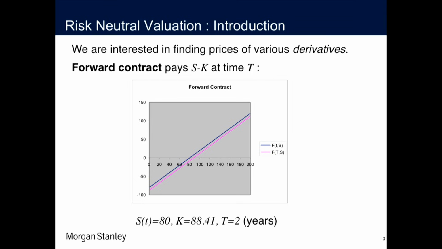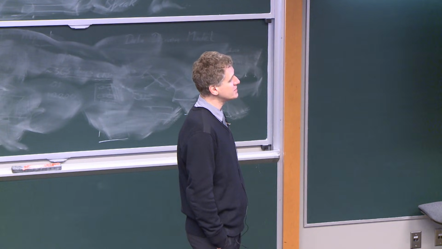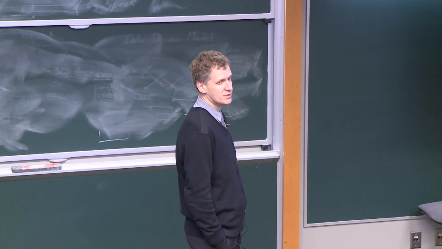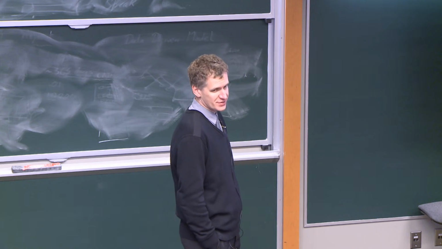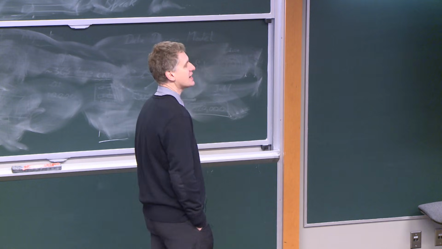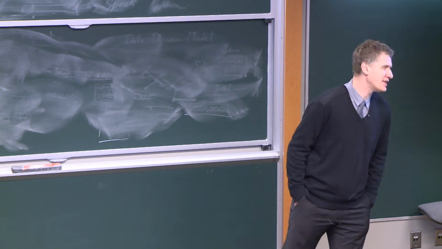If our stock price is 80, our strike is 88.41, and the expiry is in 2 years. Approximately 2.5. So in 2 years it will be 5%. So roughly speaking, without compounding, it should be 5% of 80 plus 5%, it would be 84. A little more than 10%. So 10% for 2 years, so the interest rate is 5%, yeah. That's actually exactly 5%, but exponentially compounded.